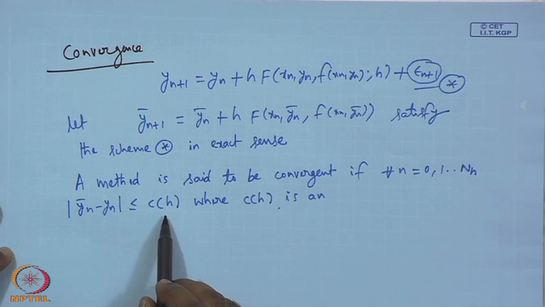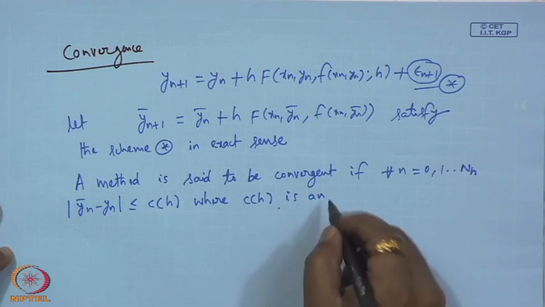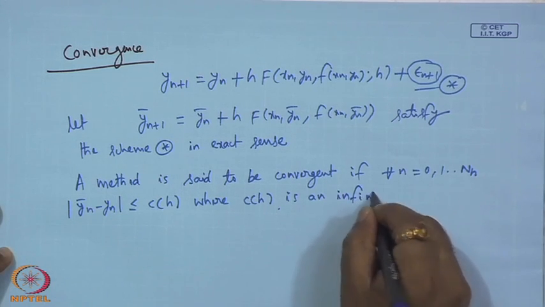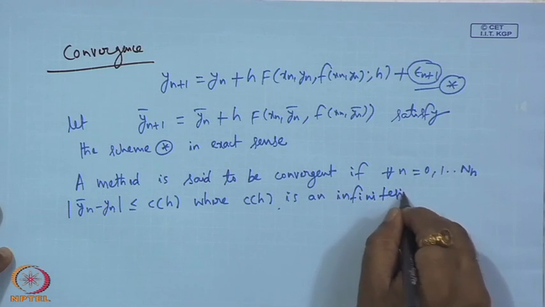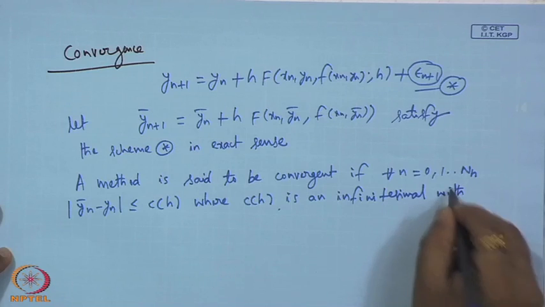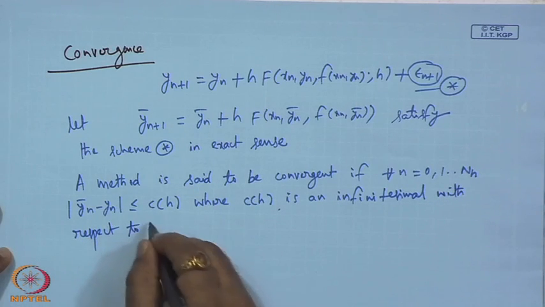When we say C of h, definitely this depends on h. So, now when do you say this is convergent? C h is infinitesimal, that means this is very small with respect to h.